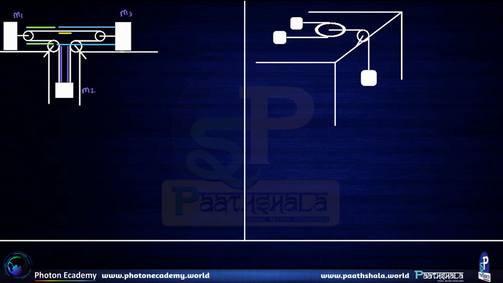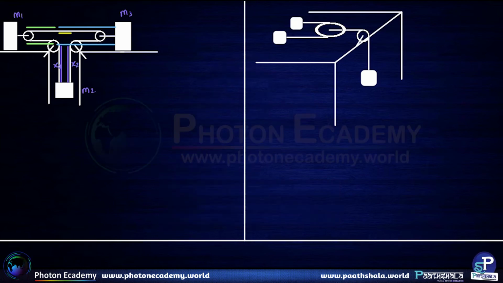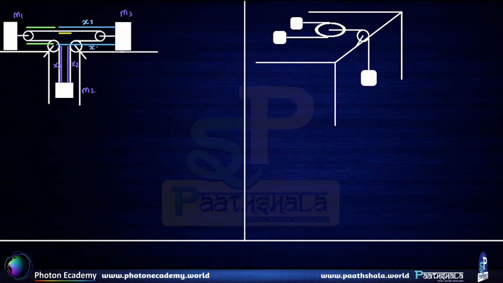This length happens to be x2. So now labeling them all, this is x2. So we are effectively measuring all distances from a rigid support. So this is the particular rigid support that we are using in order to measure all distances. So this is x2, these two are x3, and these two happen to be x1.